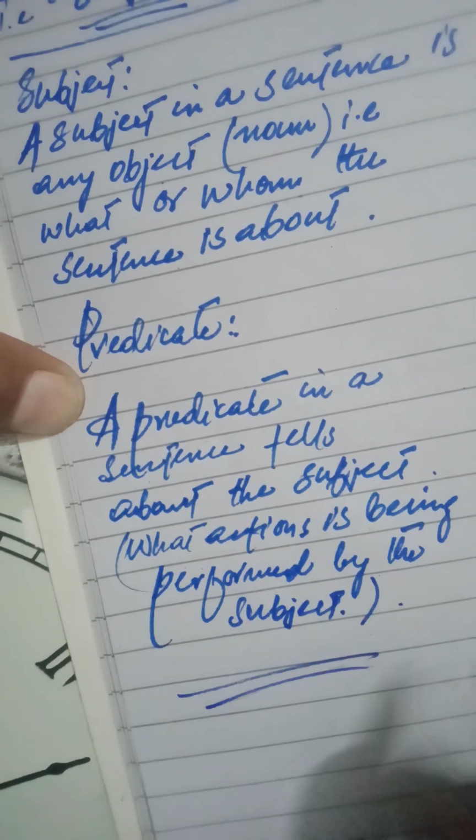So we'll make a table, so you will have the complete understanding of the difference between subject and predicate.